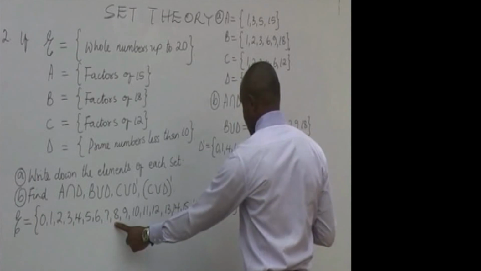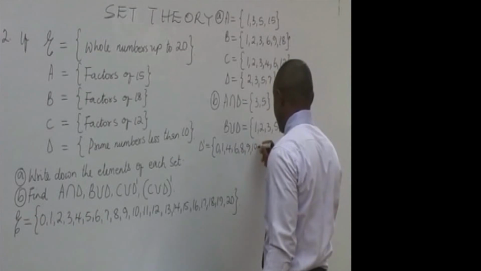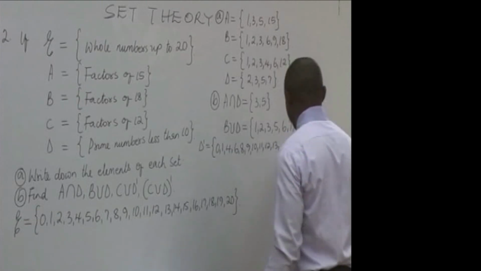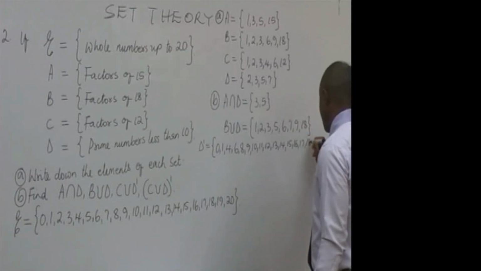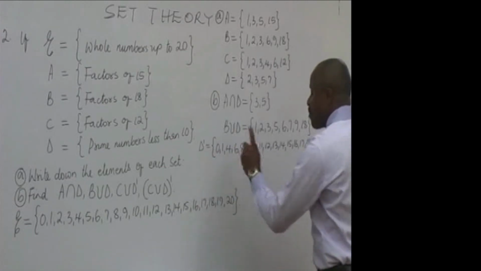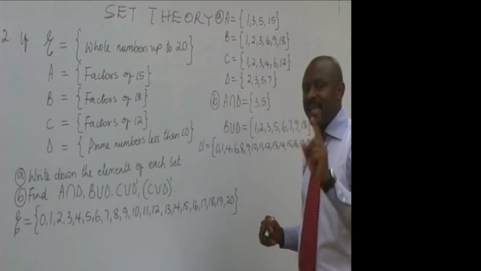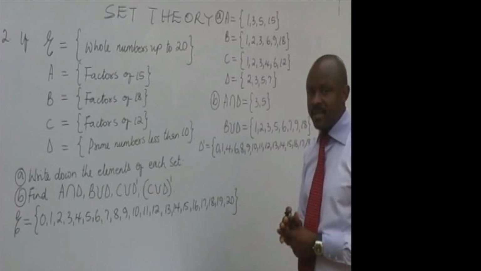Then from here till 20, we have 8, 9, 10, 11, 12, 13, 14, 15, 16, 17, 18, 19, and 20. So these are members of D prime. Members of the universal set that are not found in D are called members of D prime set.